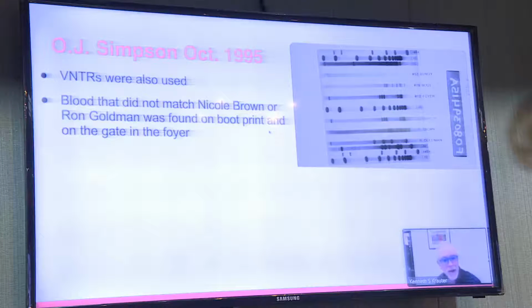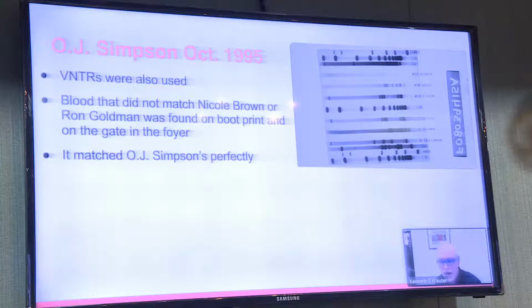You could see that it matches perfectly between OJ Simpson and these samples. So it seemed like an open and shut case. Again, you can see these bands; I think you don't have to be a forensics expert to see that they're identical.